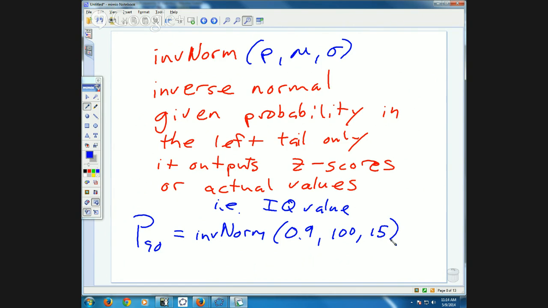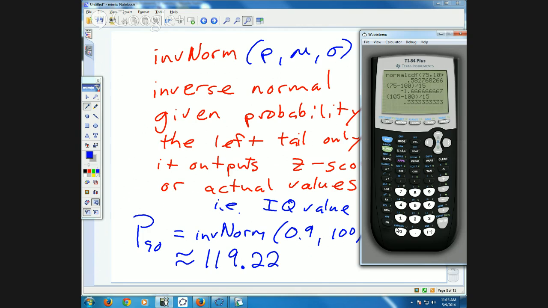What is it? 119.22? Approximately 119.22. Let's all make sure we can come up with that number and see if it's reasonable by looking back at the picture, because it's easy to push a wrong button. I do it all the time. And we better stop after this example.